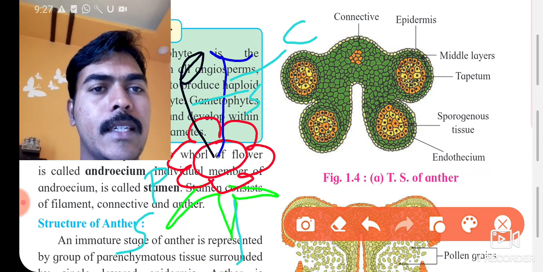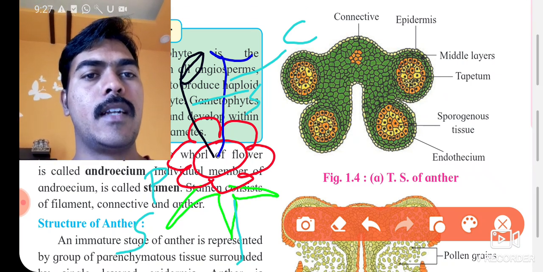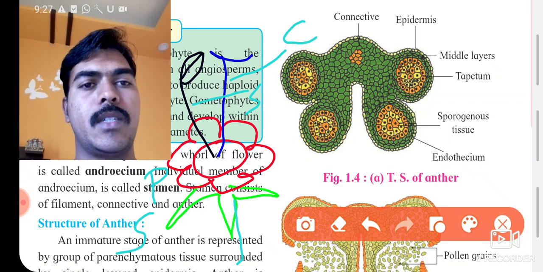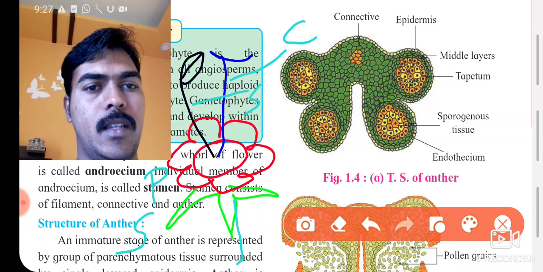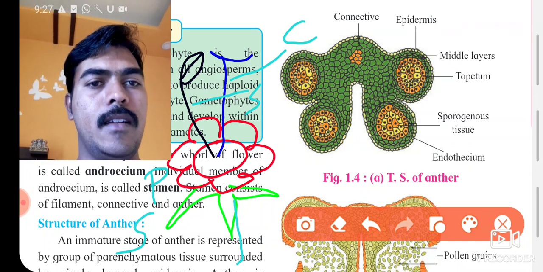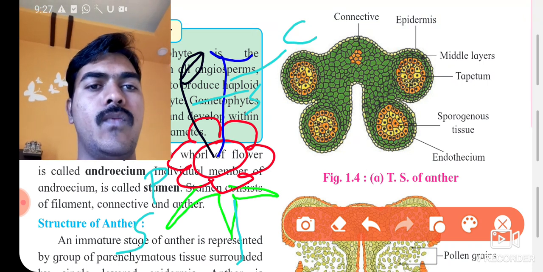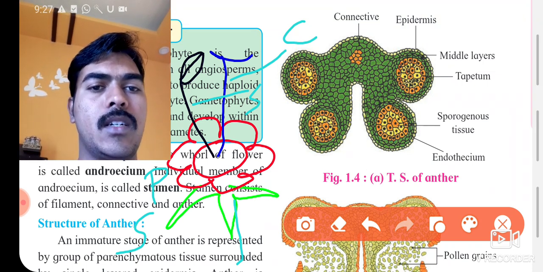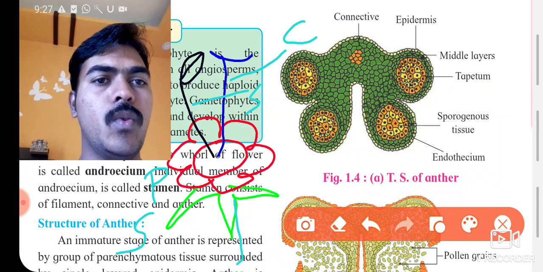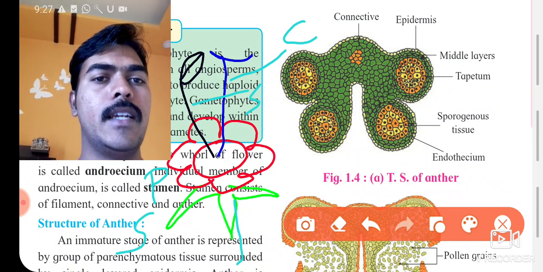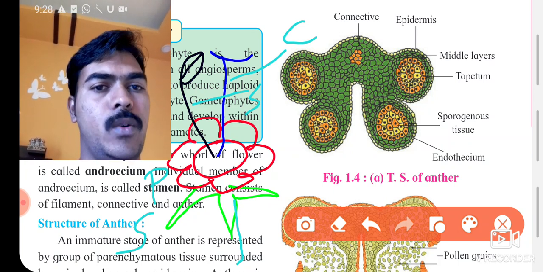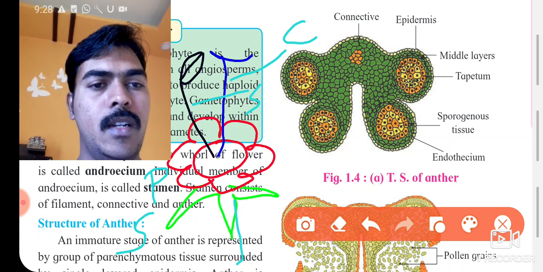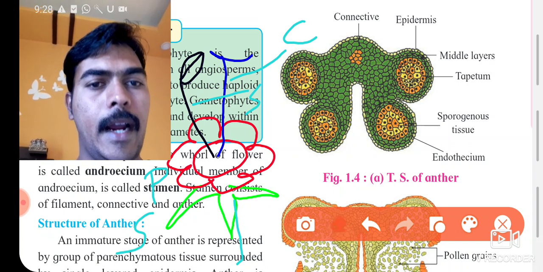Out of these, stamen and carpel are considered the male and female reproductive structures respectively. The stamen, the black one, is the male reproductive structure, also called androecium, and the blue one, the carpel, is the female reproductive structure, also called gynoecium. So today we'll talk about the androecium.